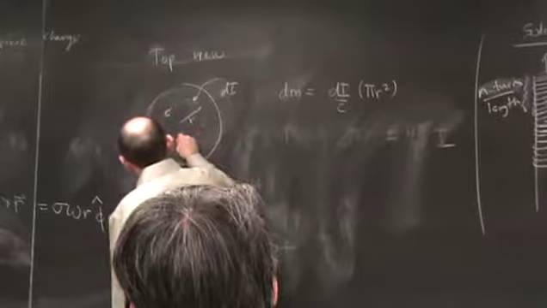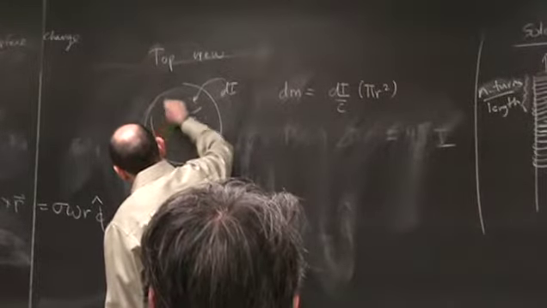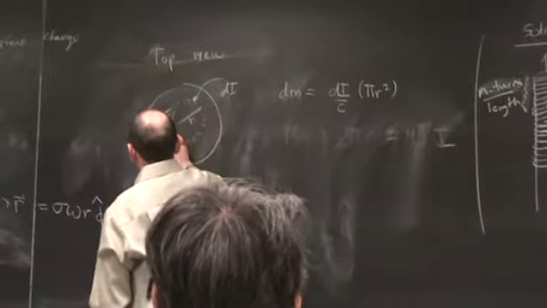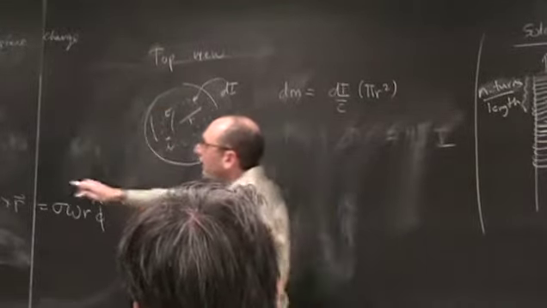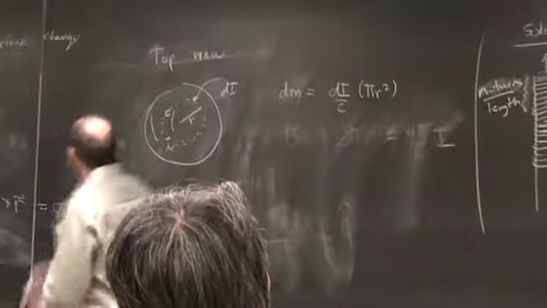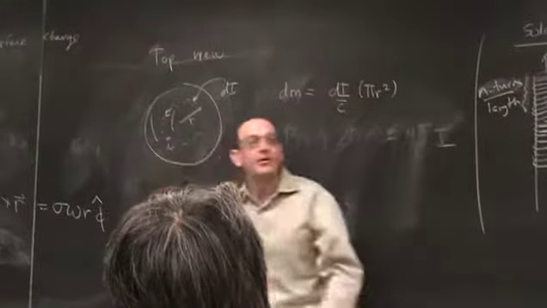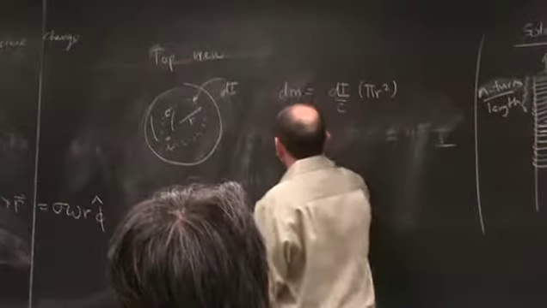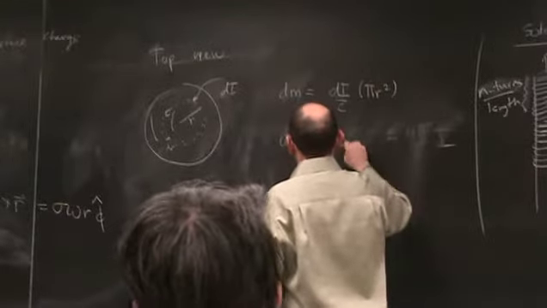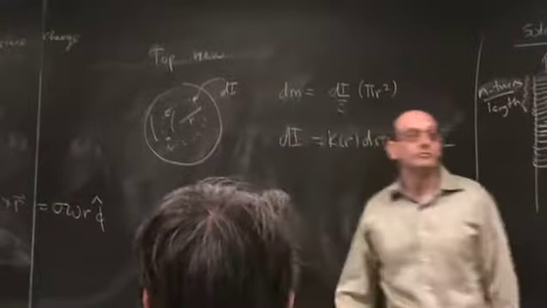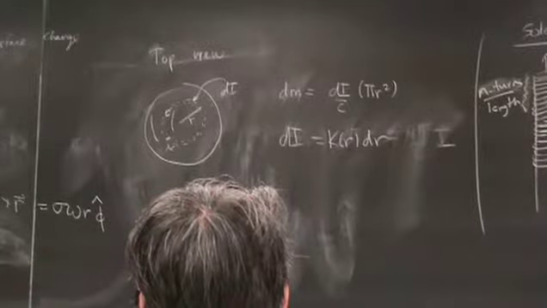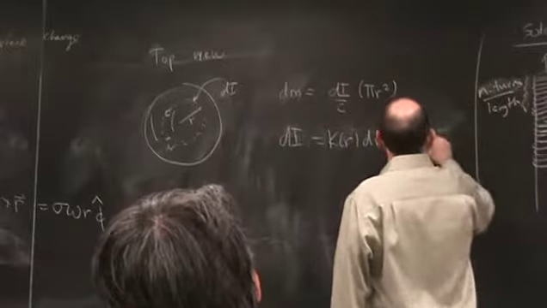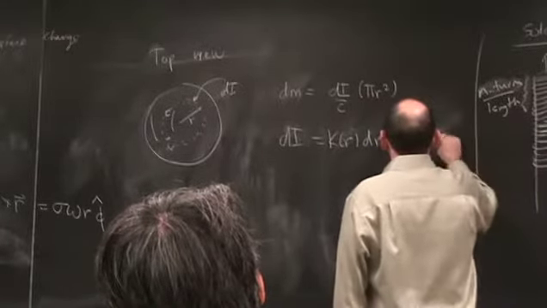And that's equal to, we have surface current density flowing through that little dr. So remember, K is the current per unit length, and it's fluxing through that little dr. So dI is K at that r dr. And that is equal to sigma omega r dr.